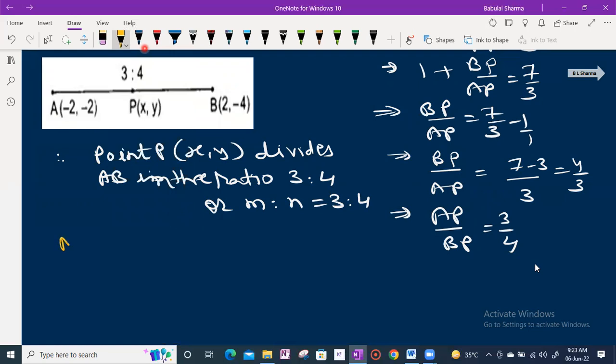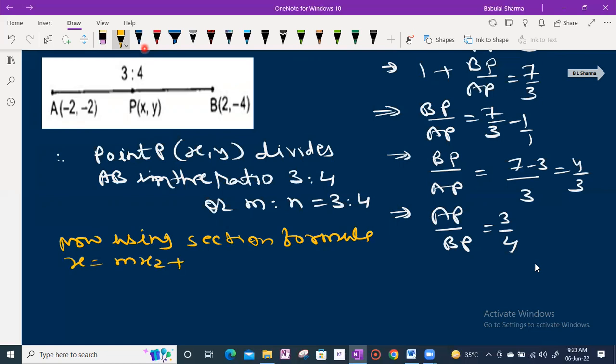Now using section formula, x is equal to mx2 plus nx1 upon m plus n, and y is equal to my2 plus ny1 upon m plus n. X coordinate, we know m is 3.